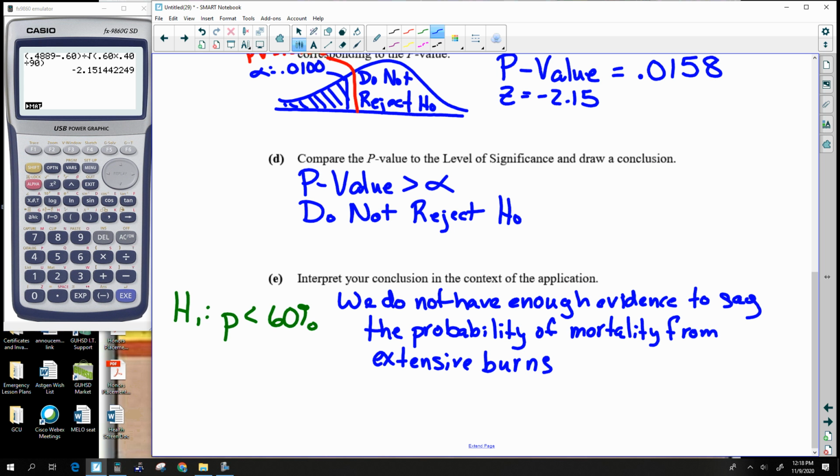So that's the probability is less than 60%. It's probably working, but we can't say it. Like, we'd have to change up our criteria. So we do not have enough evidence to say the probability is less than 60%.